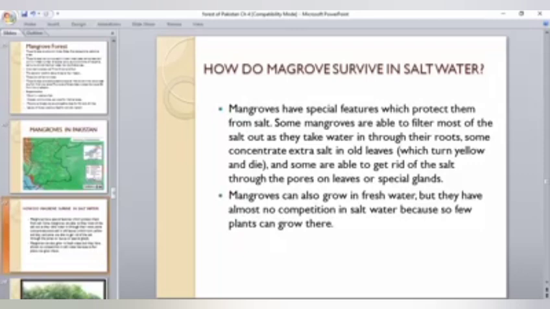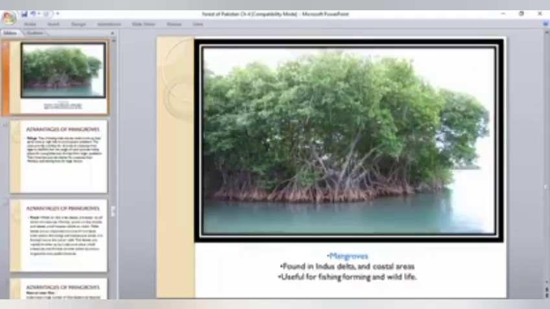Some are able to get rid of the salt through pores on leaves or special glands as well. Mangroves can also grow in fresh water, but they have almost no competition in salt water because very few plants grow in these areas. So they can grow very easily. This is the picture of mangrove forest in Pakistan.